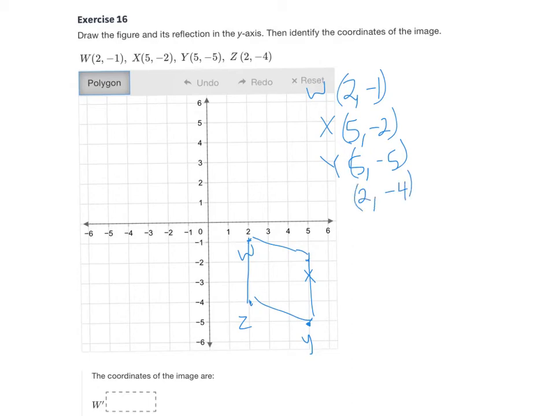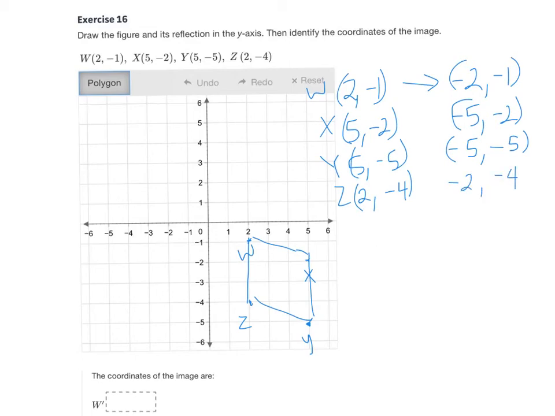And now what we're going to do is reflect that across the y-axis. And when we do that, the x changes. So we'll take the opposite of the x, and the y stays the same. The opposite of 5 is -5, and the -2 stays the same. The opposite of 5 is -5, and the y stays the same. The opposite of 2 is -2, and the y stays the same. So now let's graph this.